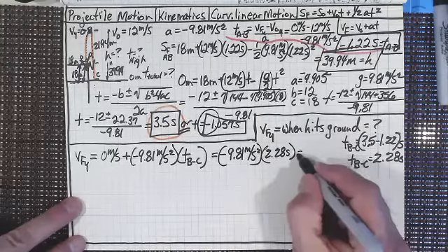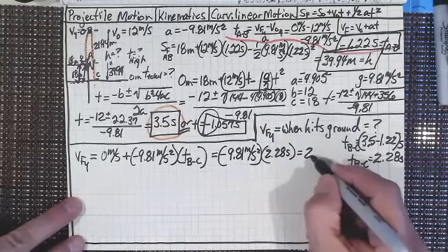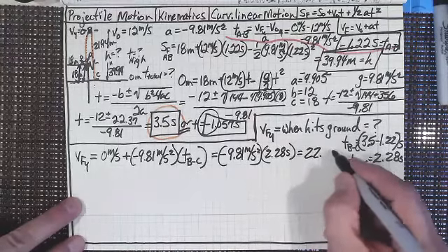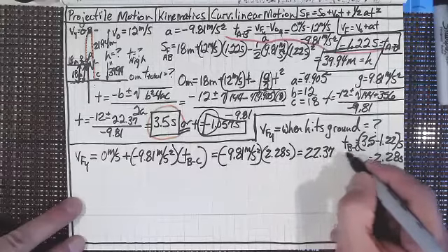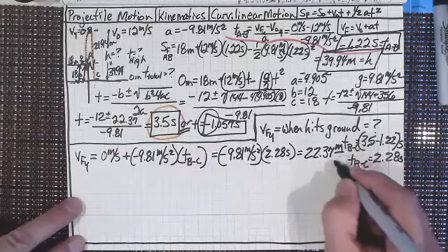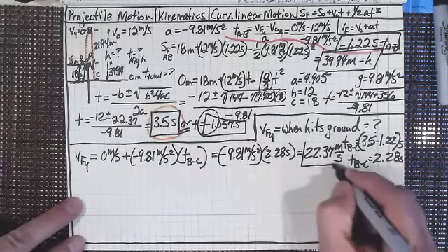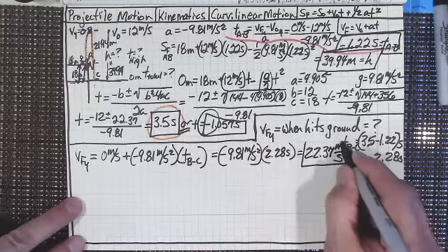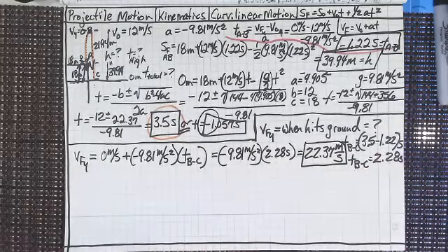And that gives us a final velocity of 22.37 meters per second. Right? Does everybody see how we got that? Okay.